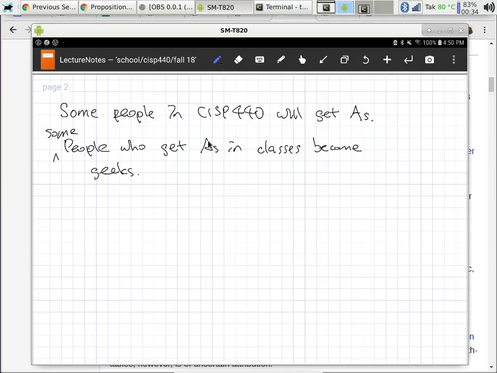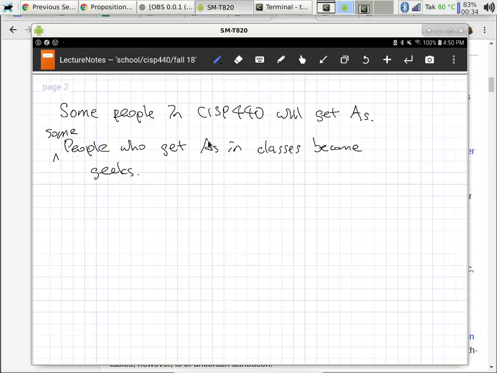If this is existential, you cannot make that link. You cannot say there exists at least one person who got an A in CISP 440 and will become a geek. That is not possible. Even though it seems to make sense, you cannot draw that conclusion.